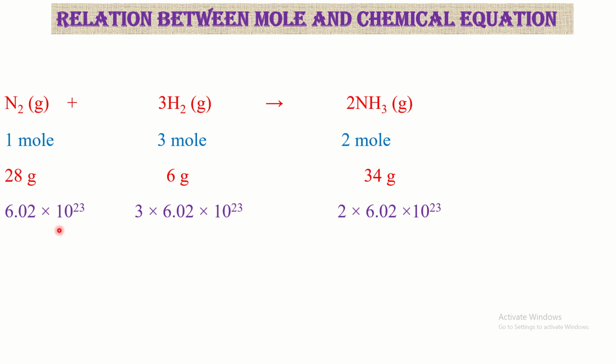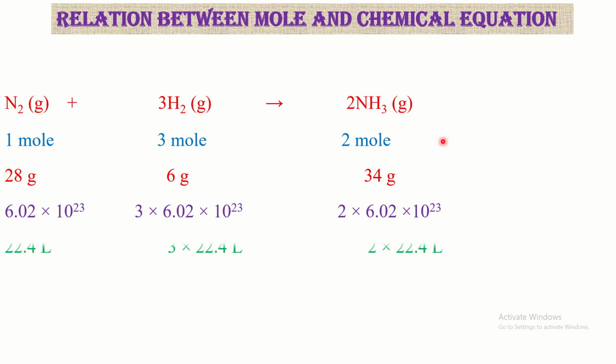And also from there we can tell 6.02 into 10 to the power 23 molecules nitrogen react with 3 into 6.02 into 10 to the power 23 molecules hydrogen, and they give 2 into 6.02 into 10 to the power 23 molecules ammonia. We can measure the volume also, because all of them are gaseous.